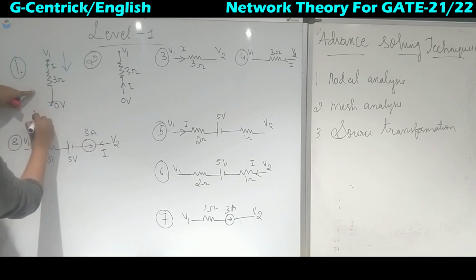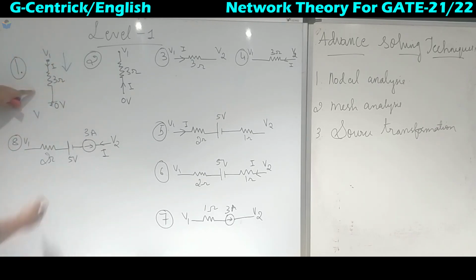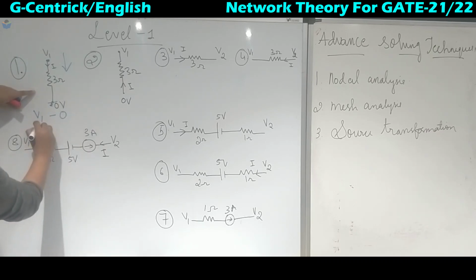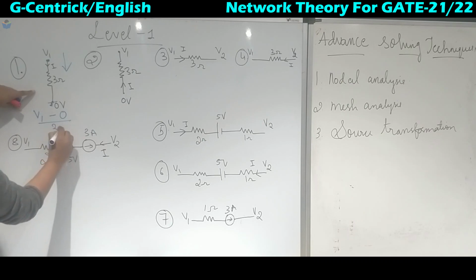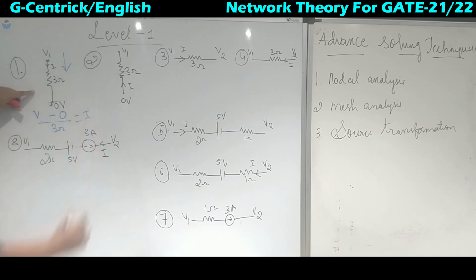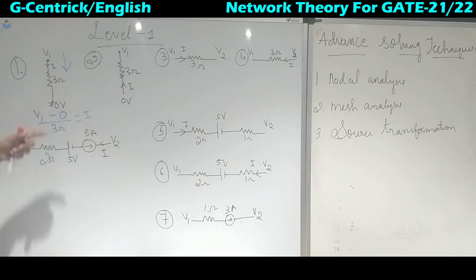So we take V1 and see the direction of current, it is moving towards 0 volt. So it is (V1 minus 0 volt) upon 3 ohm. It is nothing but V upon R, which will give you the current. In nodal analysis we are basically calculating the current, and it is a combination of Ohm's law, V by R, and we will apply KCL also.